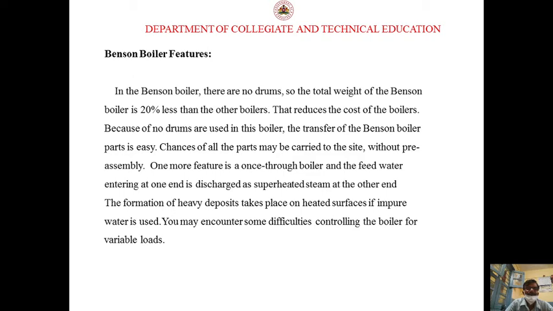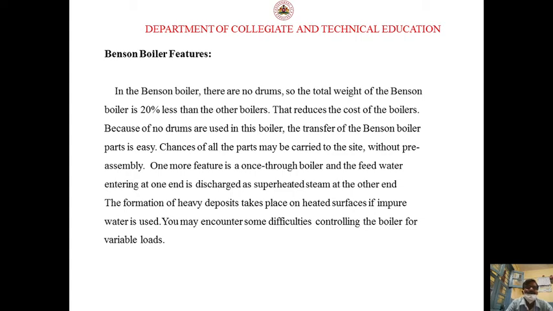One more feature is that it is a once-through boiler, and feed water entering at one end is discharged as superheated steam at the other end. Heavy deposits form on heated surfaces if impure water is used. You may encounter some difficulties controlling the boiler for variable loads.